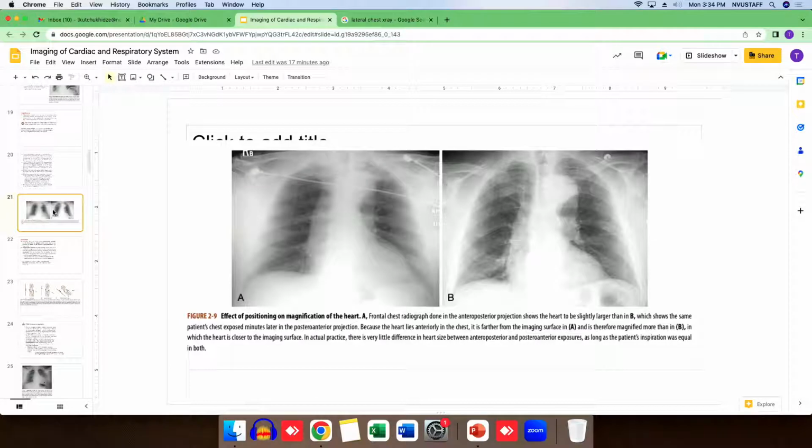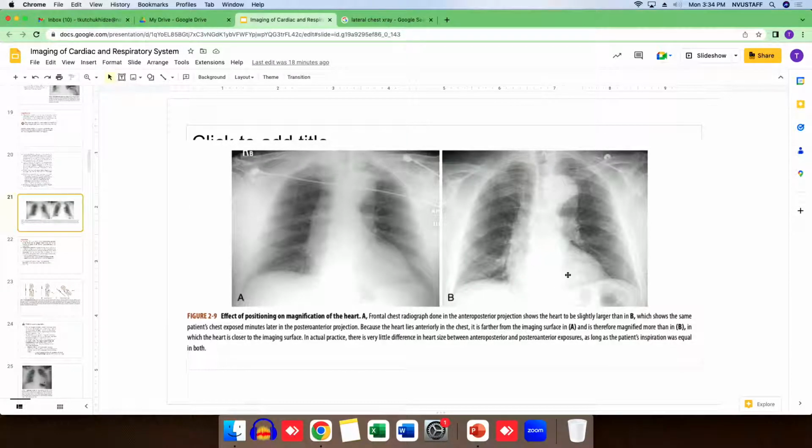In this case, we have two different photos, and we see different sizes, different distances from where they were taken, right? So for example, photo A is magnified more than photo B. I'm talking about the heart, and you can clearly see the lengths right here and here.